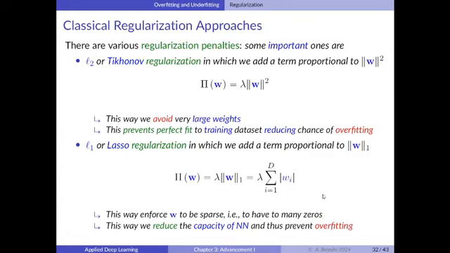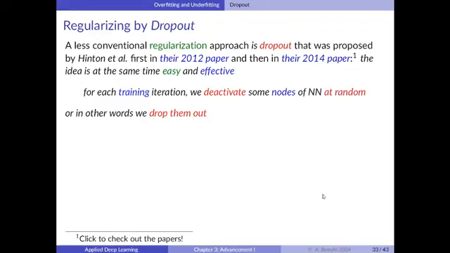We can go to the next one, which is dropout, a very popular method invented by, I think, Geoffrey Hinton. He won the Nobel Prize some weeks ago.